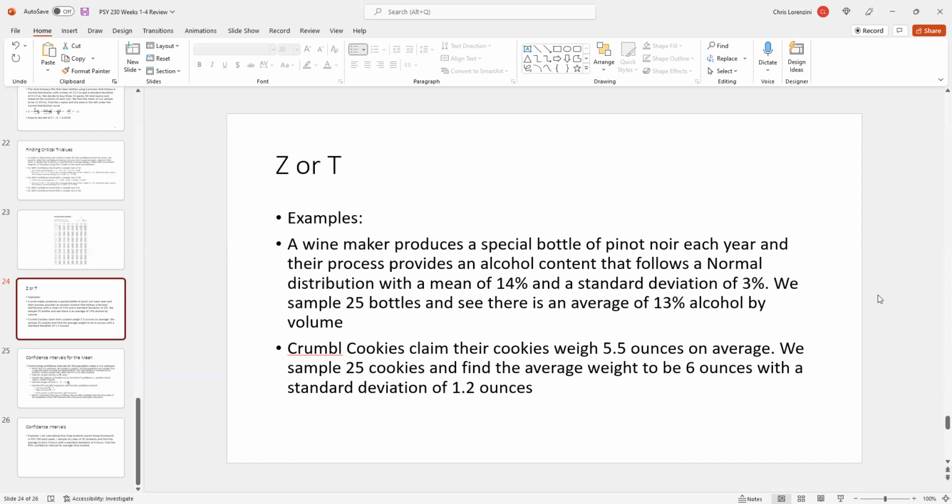All right, so the question is, do I use a Z distribution or do I use a T distribution? Does anyone want to venture a guess at that? So it's not going to be a T, and we'll talk about why.